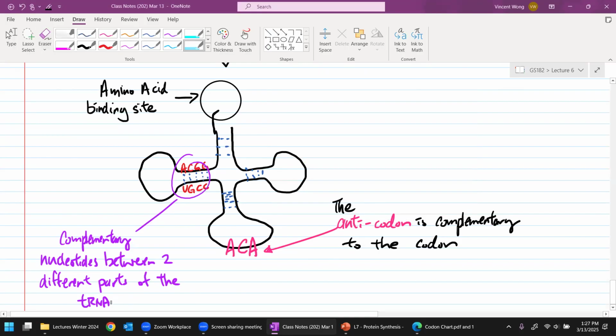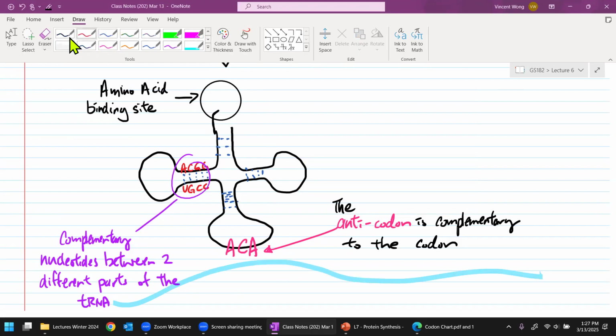Now remember earlier we had the mRNA, right? This is the mRNA. We already cut out all the introns. That's why it's only one color. And the mRNA is just a bunch of ACUG as well, right? And on the mRNA, every three nucleotides is a codon, which tells you what amino acid you need to bring over.